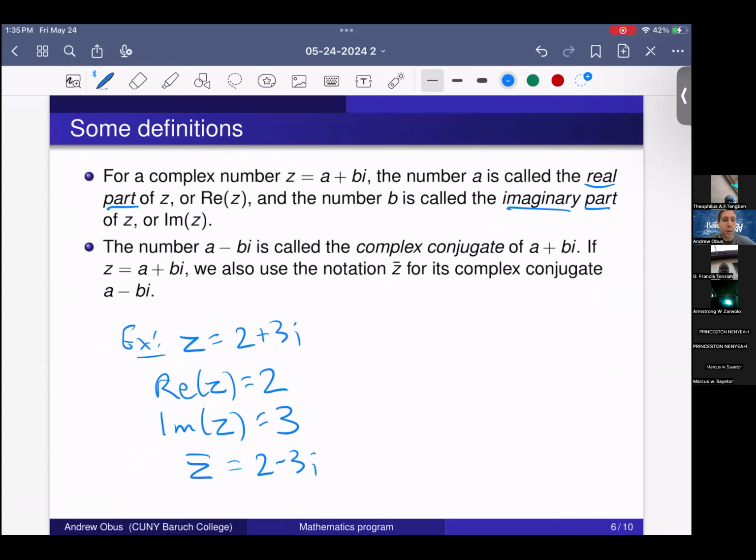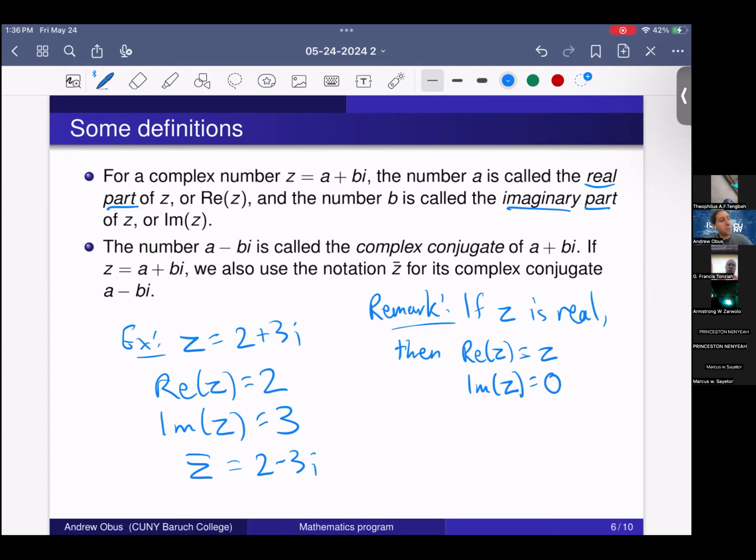Okay, so this is just some operations that we can do on complex numbers, and maybe a remark: if Z is just a real number, then what do we have? Well, then the real part of Z is just Z, right? If it's a real number like 3, the real part of 3 is 3. The imaginary part of a real number, well, if it's 3, there isn't any i around. It's 3 plus 0i. So the imaginary part of Z is just going to be 0 if Z is a real number.